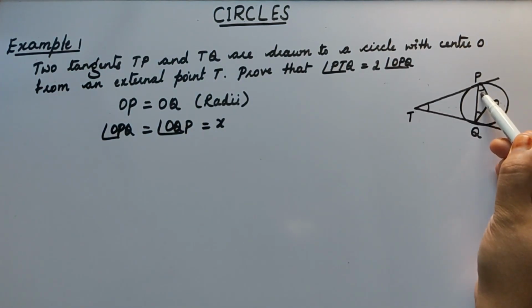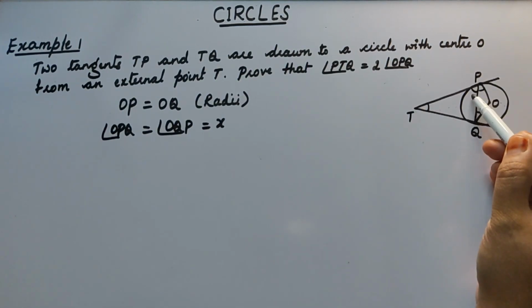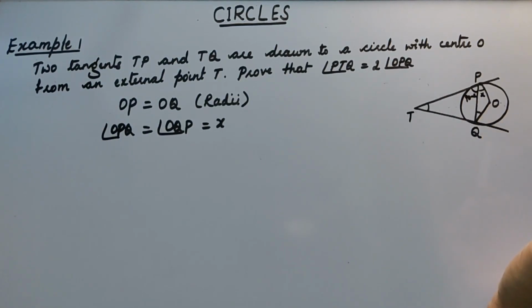If this is x, then this will be 90 minus x. We all know that, right? So if this is x, this will be 90 minus x, students. This part, if this is x, this will be 90 minus x.